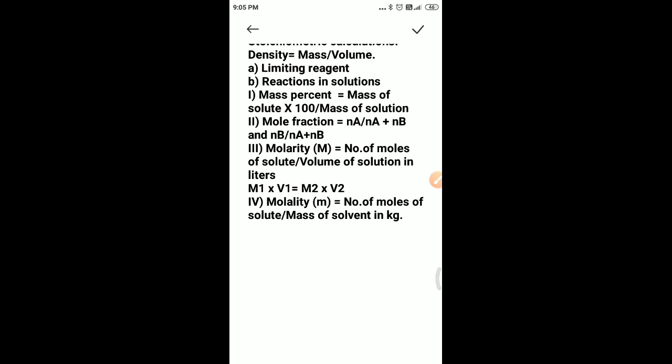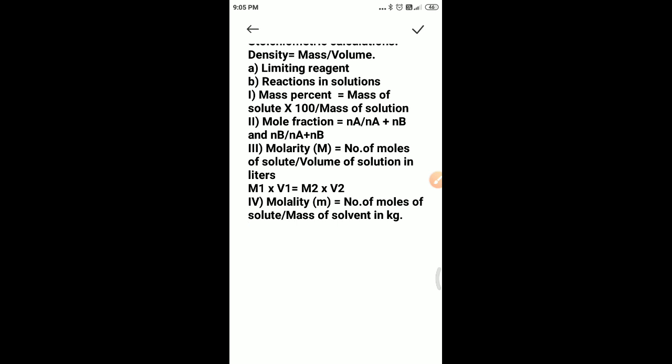So now we calculate molality from this: the number of moles of the solute divided by the mass of the solvent in kg. 3 mole divided by 1.0745 kg gives 2.79 molality.